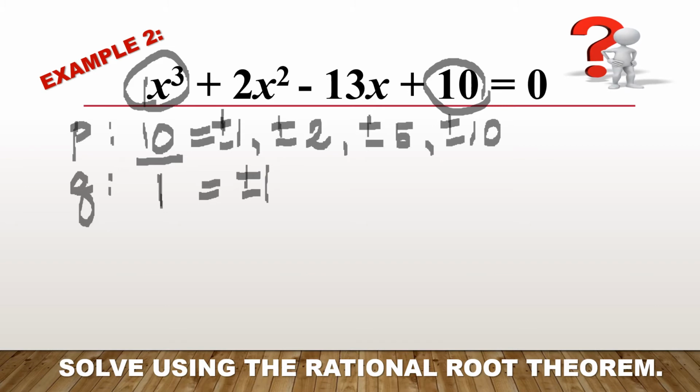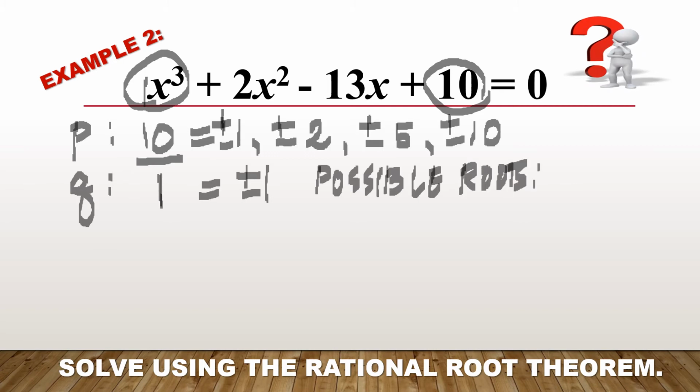Next step, let us list down the possible roots. And how to get the possible roots? Simply divide p by q. So let's say positive 1 divided by positive 1 is positive 1. Negative 1 divided by positive 1 is negative 1.